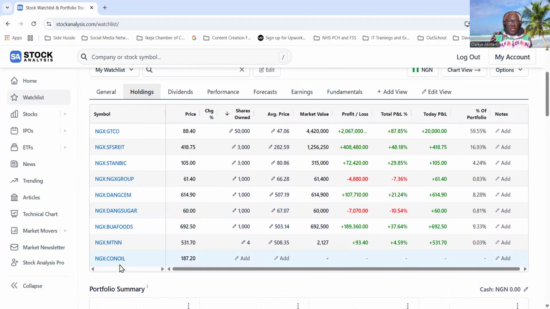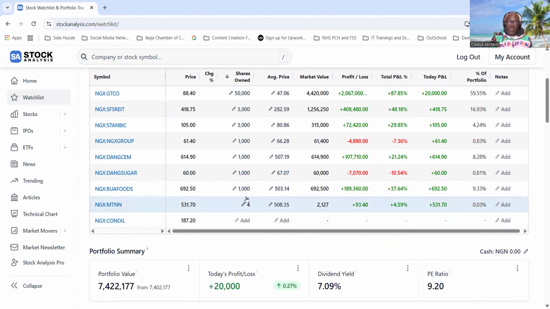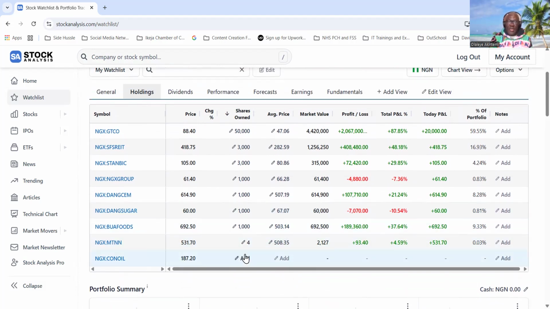So now you can see corn oil has been added, but there is no number of shares owned and there is no average price. So every time I buy new shares, I have to add them to the list. And then I have to say how many units I have.